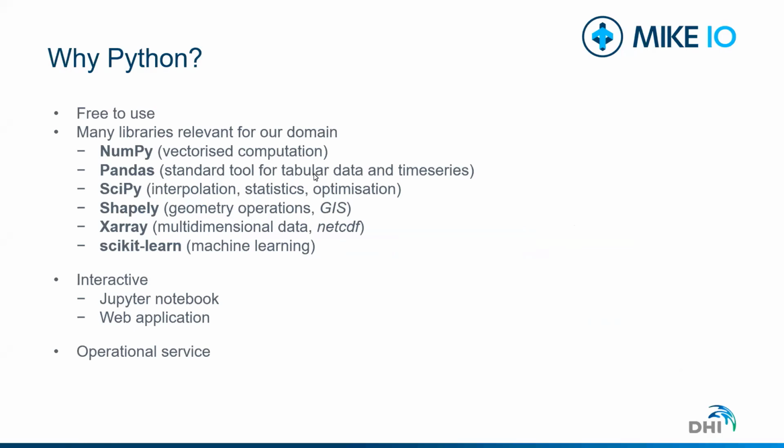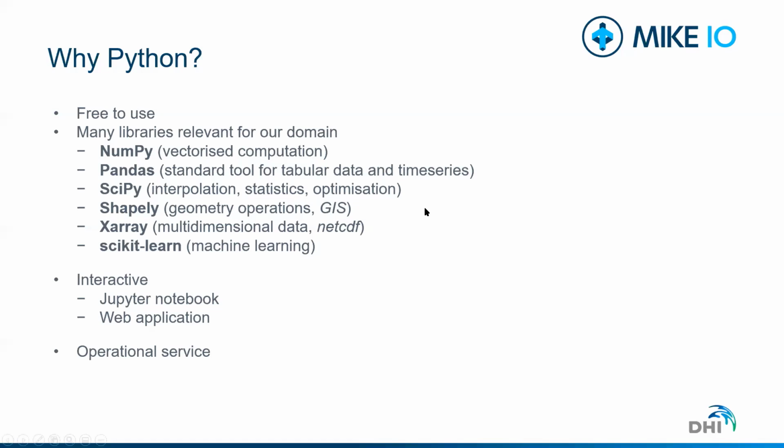And on top of that, it has a lot of libraries which are relevant for our domain, such as NumPy, which gives us vectorized computations, similar to how MATLAB works. Pandas, which is the standard tool for tabular data and time series. SciPy, which gives you multidimensional interpolation, statistics, optimizations, search algorithms, and many other things.